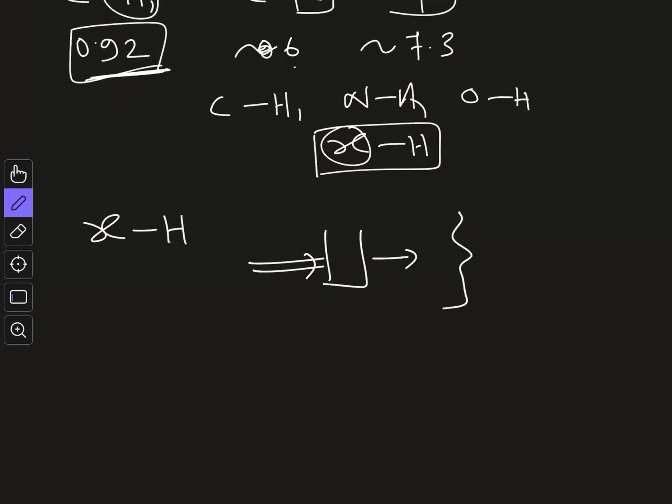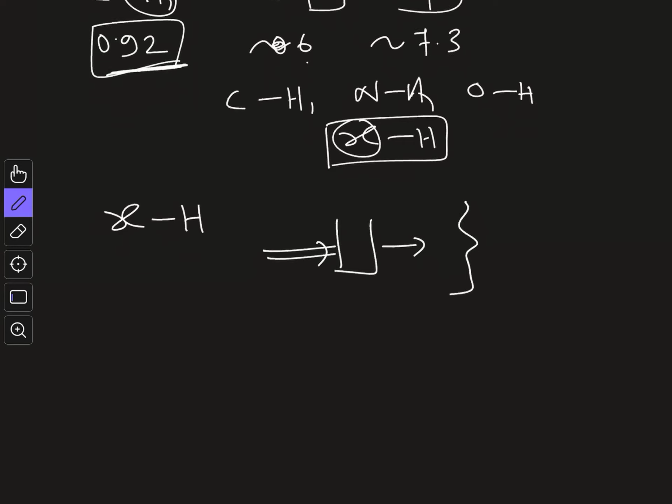So now we can measure two things: either we can measure the frequency of the electromagnetic radiation, or we can measure the wavelength, and these two are in opposite direction because frequency is inversely proportional to wavelength.